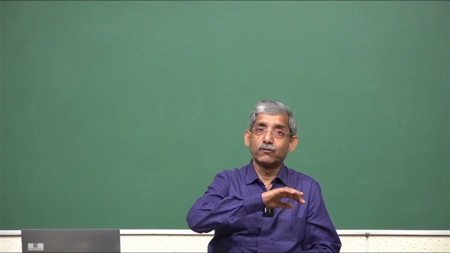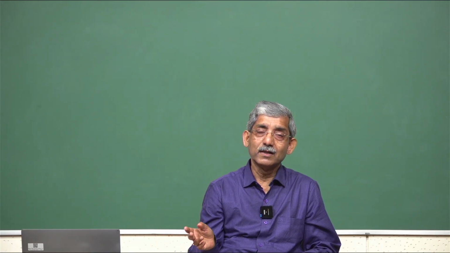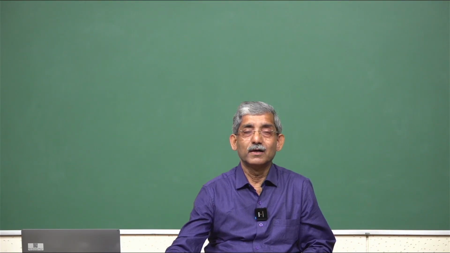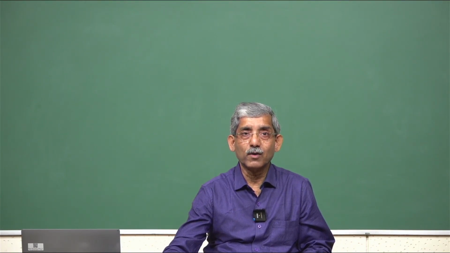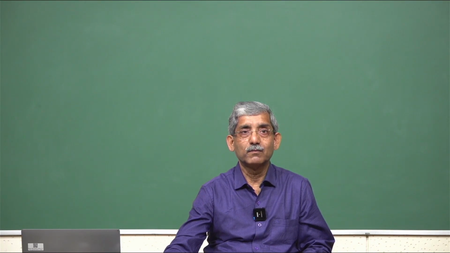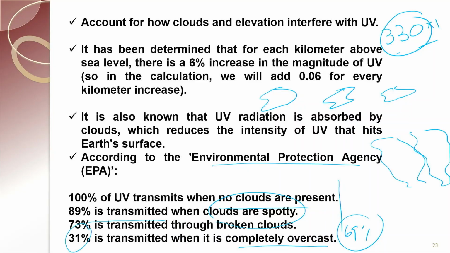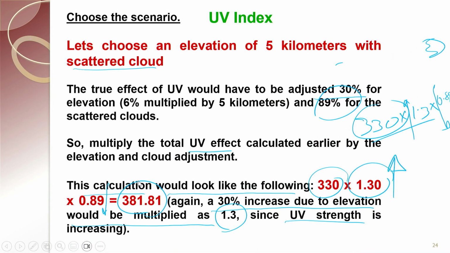So, we can calculate at different positions on the earth. If it is fully clouded, a total complete overcast, as we discussed, 31%, we have to multiply by 0.31. Let us do the calculation in a different example.